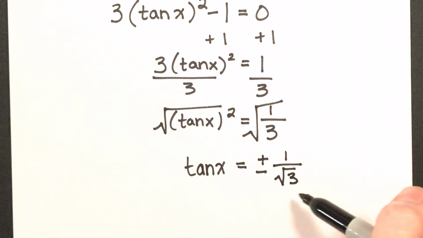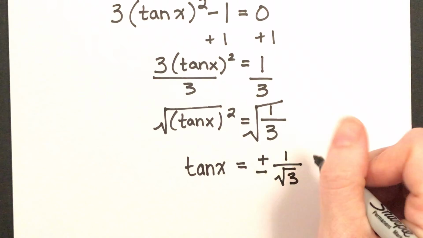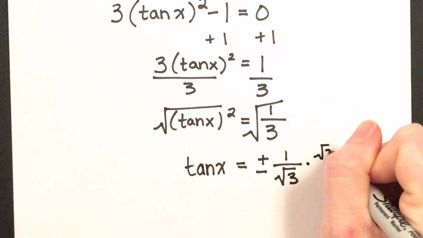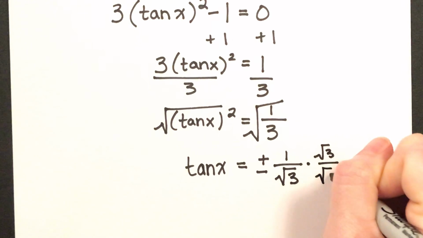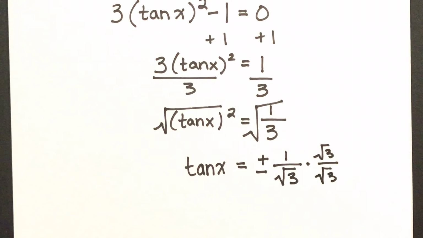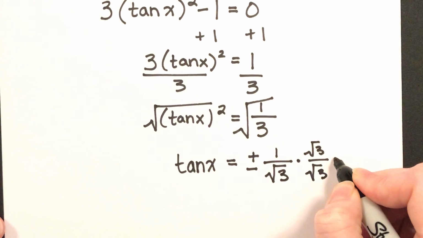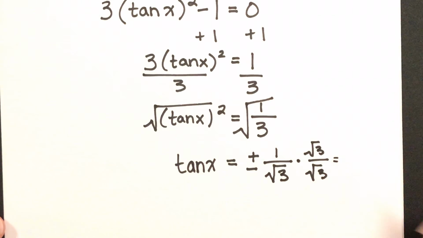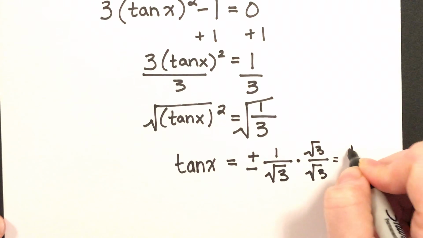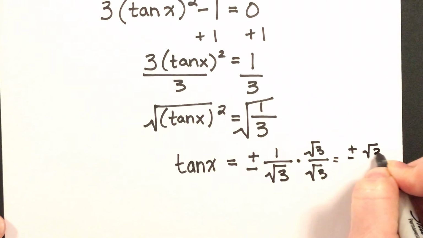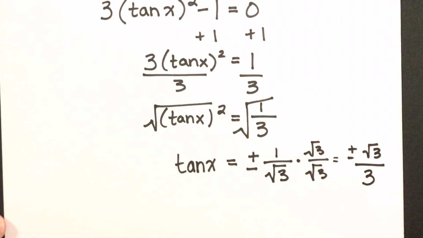Now we can't have square roots in our denominator, so we're going to multiply by the square root of 3 over the square root of 3 to get rid of that. Remember, if I'm going too fast, you can always pause and get caught up, okay? Now we have positive or negative square root of 3 over 3.